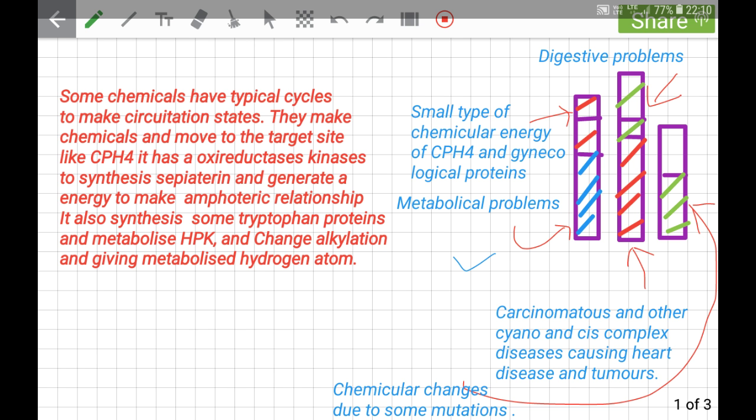The carcinomatous is a carcinoma type arsenic which contains carbon at a high rate. Because of it, the energy is divided into many states.